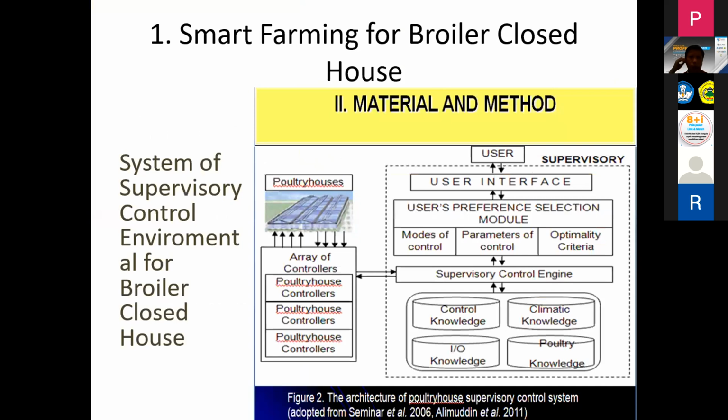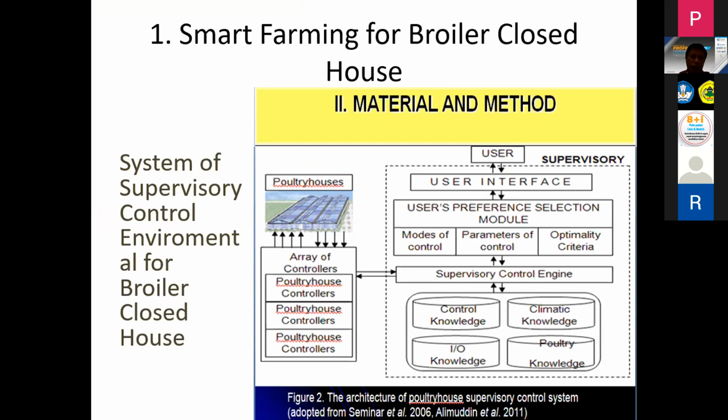this is especially for the closed house and the tools, and many poultry houses. For the closed house, we can do monitoring and control. There are two aspects we want to know: software and hardware. We need control knowledge, climate knowledge, input-output knowledge in microcontrollers and sensors, and also poultry knowledge.